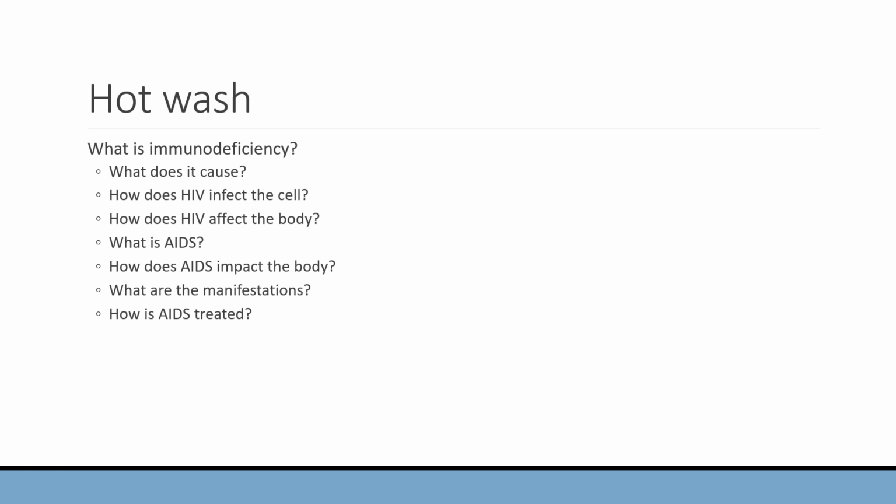How does AIDS impact the body? What manifestations develop at the different levels of progression? And then how is AIDS treated? Is there a cure? These are all things that you should be familiar with at the end of the audio lecture. All right, until next time.